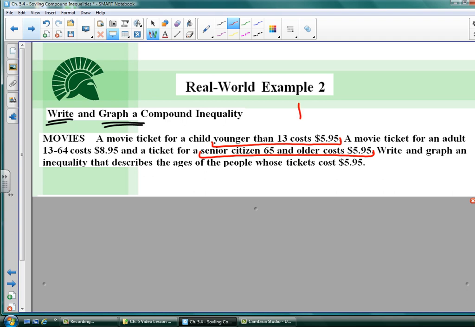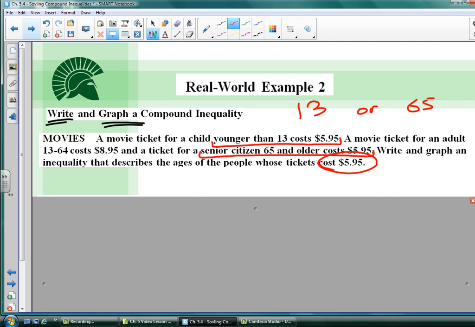So the only way that I can be both younger than 13 or older than 65 is to use the word or. And so what this tells us in the problem, when they say all the ages of people who are ticket holders that cost $5.95, this would be an or statement, because you have two separate things that are related by the main part of the problem.